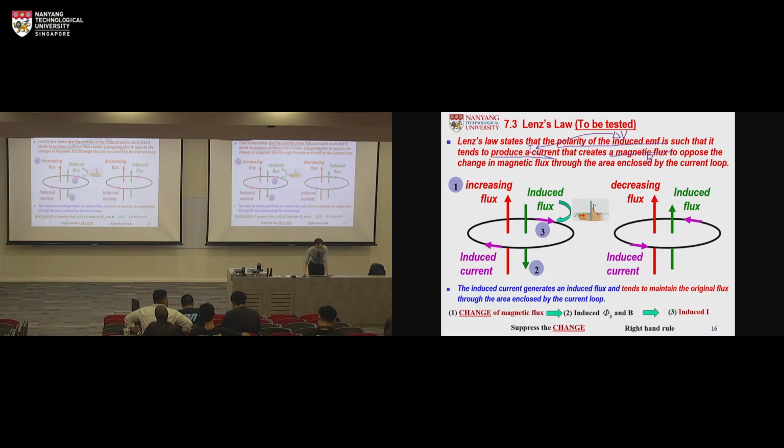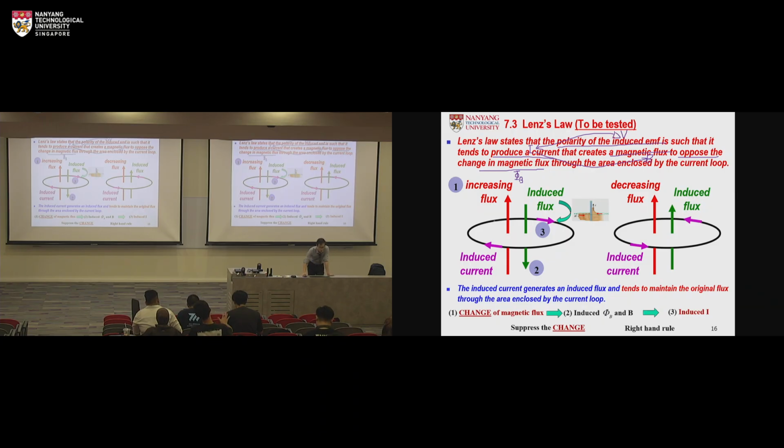So this I will give you this B. And this B always try to oppose the change in the original magnetic flux. There is an initial magnetic flux. So this is the so-called Lenz's law. I guess it's more than confusing if you only look at this. So let's try to break down this statement step by step.